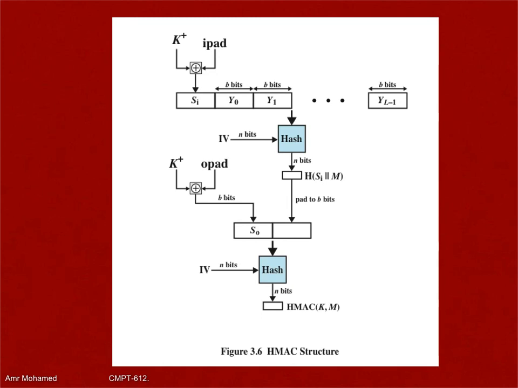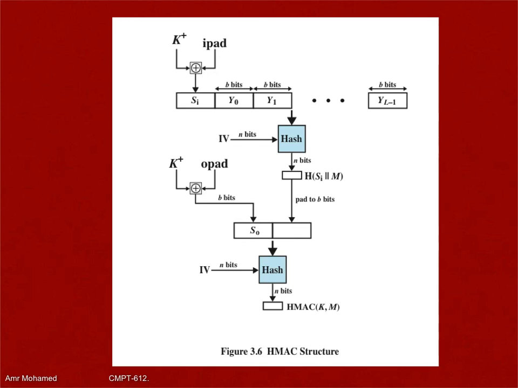Ipad and opad are nothing but masks. Once you apply this mask to the key, you get the leftmost part and the rightmost part. In the leftmost part, you put it as a secret value with the message, and then you apply the hash. And of course, IV is the initial vector.